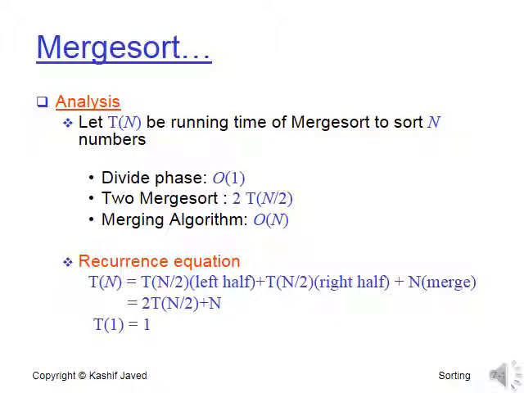Merge sort works by splitting the array into two subarrays, which is the divide phase that takes time order complexity of 1. It's a constant. Now, two subarrays, each about half the size of the original array, merge sort will sort the subarrays as well.